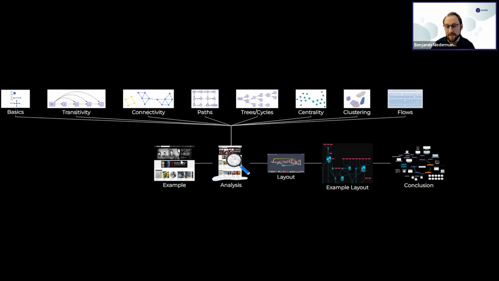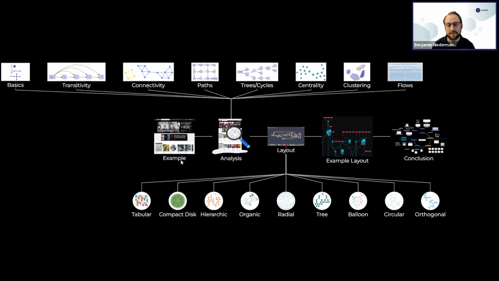There are many out there that you could use to analyze your data, especially if you already have translated this to a graph structure. And then in the second part, as I already said, I will talk about different layout styles that you can use to visualize your connected data.